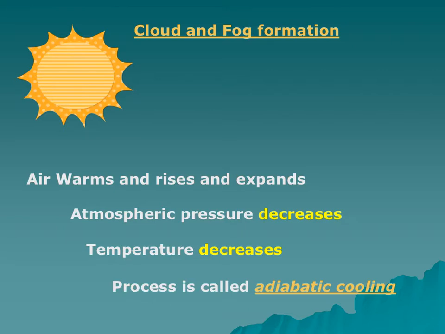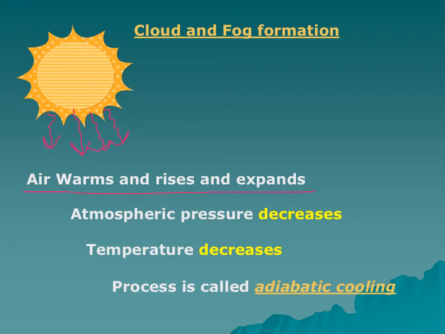To look a little more deeply at the process, besides the condensation nucleus: the sun, right here, sends electromagnetic radiation, electromagnetic waves, to the Earth's surface, which heats up the Earth's surface, most of which is covered in water. It heats up the water, and the warm air rises and expands.